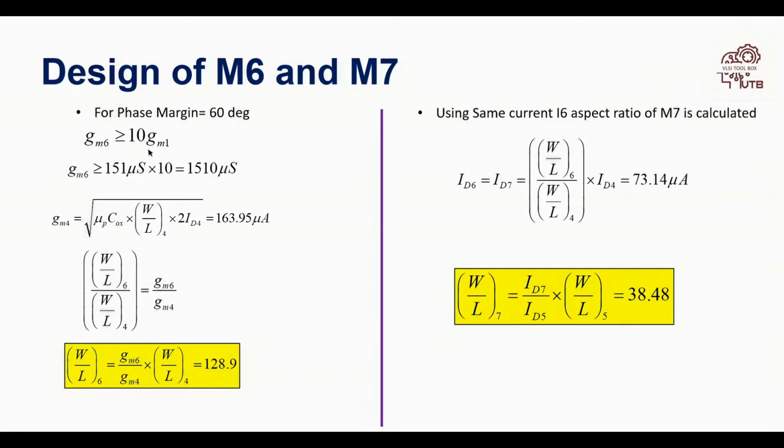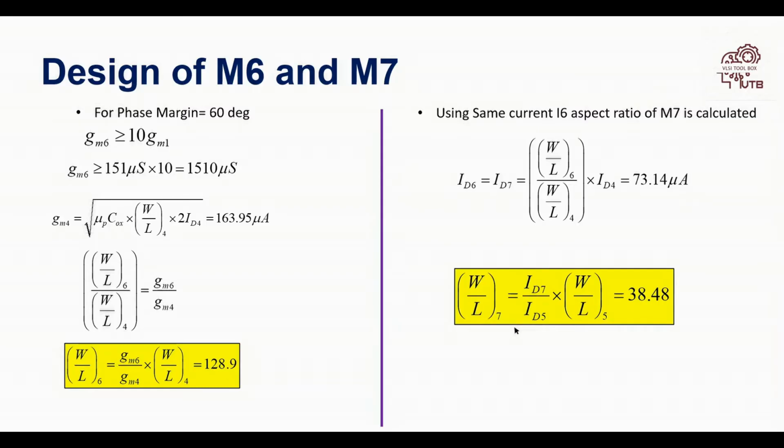From this book I have taken this relationship, and using it I have found the value of gm4, and using this relationship I have found W by L of 6 to be 128.9, and using the same current, as I6 is same as I7, this W by L of 7 is calculated and found to be 38.48.